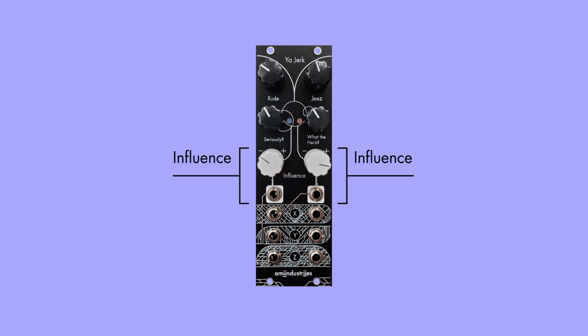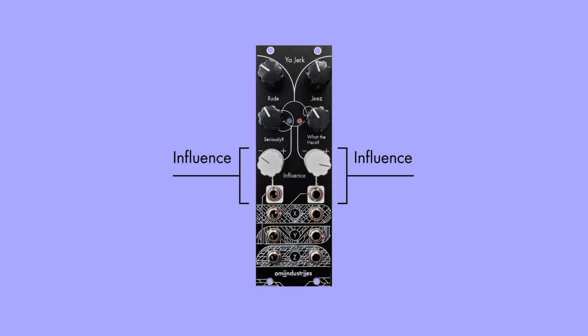YaJerk also features CV inputs marked influence. These are not controls over the frequency of the chaos, but rather inject energy into the system. Sending gates or triggers into the influence inputs causes the module to loosely sync to them, depending on the settings of the controls. The inputs have attenuverters, which control both the amplitude and polarity of the incoming modulation.